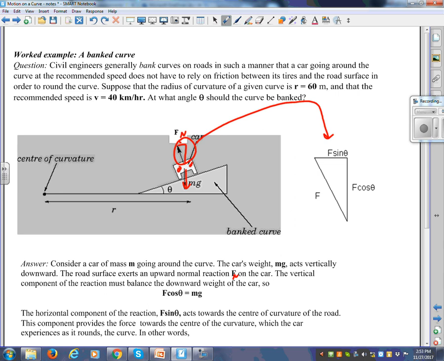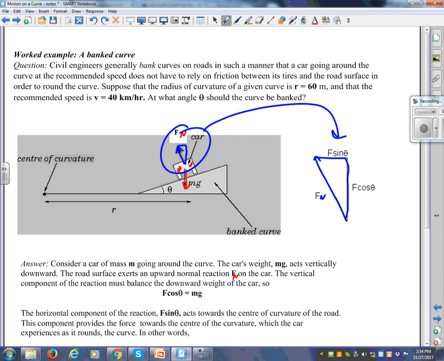Does that make sense? Did you see what I did there? See this right here in blue? That's this big one right there. That's F normal. And now if I finish this little guy right here, that's the rest of this triangle over here.